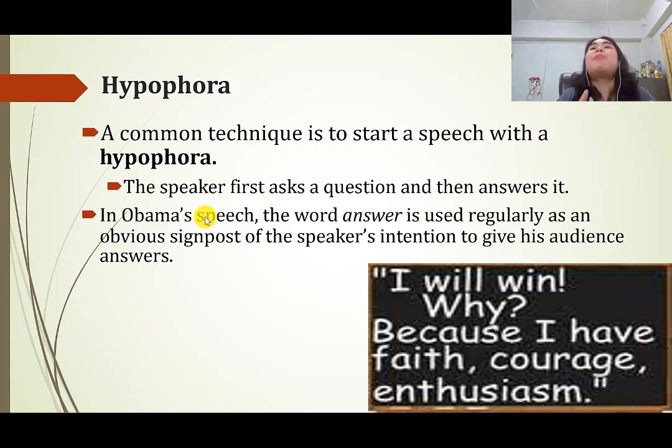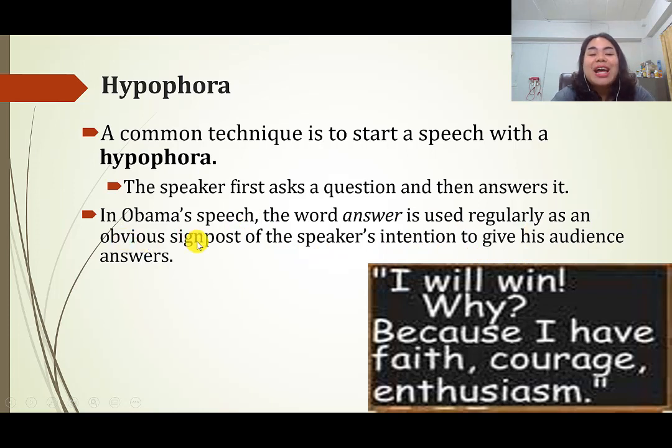So the most powerful monologue one could say is normally in a speech, okay. So for example, in President Barack Obama's speech, he used the word "answer" regularly, okay, as an obvious signpost of the speaker's intention to give his audience answers.